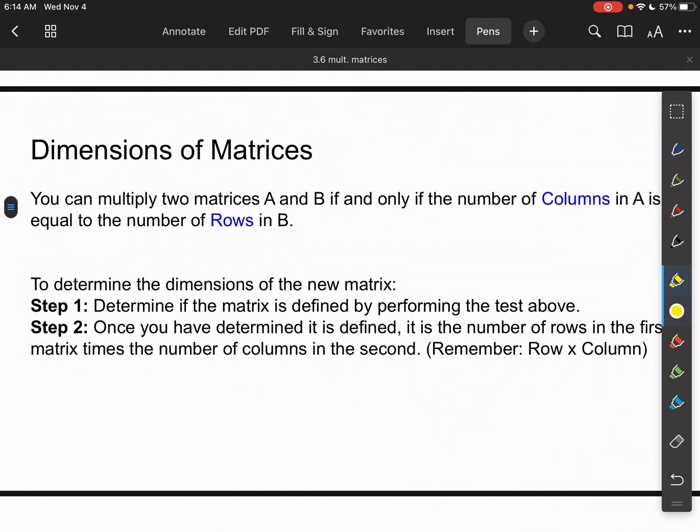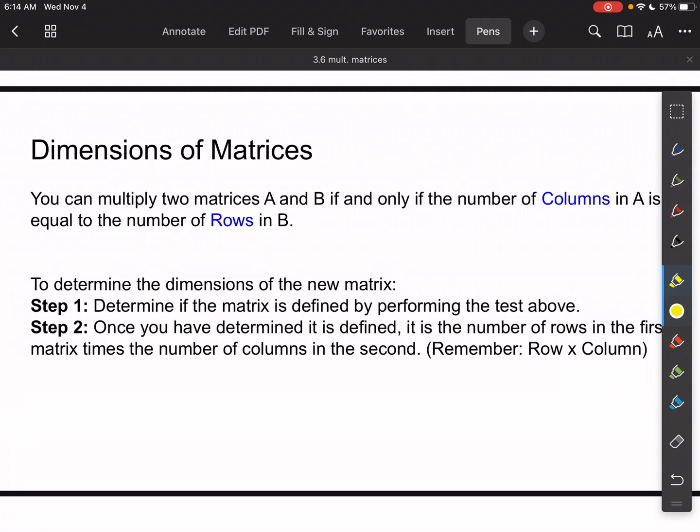The first thing that you have to do before you do anything with multiplying matrices, and this is very important, is determine what the dimensions of each matrix are, because sometimes if the dimensions don't line up, then we cannot multiply them.